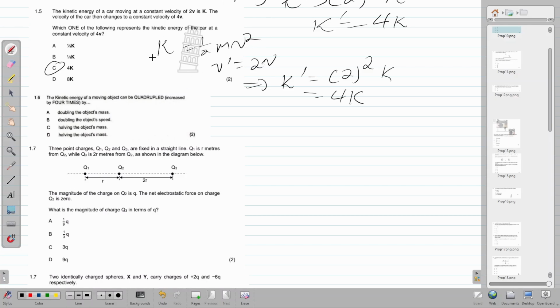So if you want to increase the kinetic energy 4 times, then doubling the mass is not going to do. So that won't do. Doubling the object speed, that will do. And obviously C and D are wrong. So the correct answer there is B.